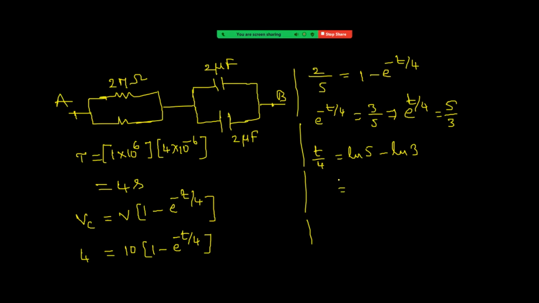And we are given ln 5 value 1.6 and ln 3 value 1.1. So that is equal to how much? It is a half, right? So t by 4 is equal to half. That means the t value is 2 seconds. That means after 2 seconds, across the capacitors, the potential difference becomes 4 volt. Okay. Let us see the next one.